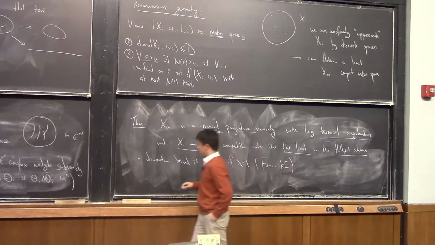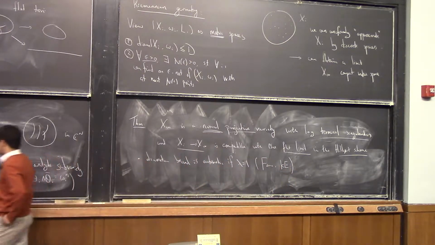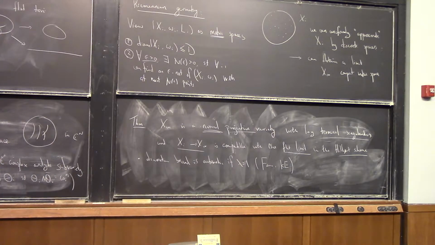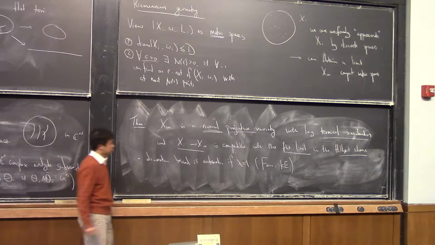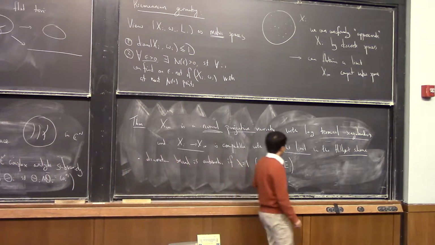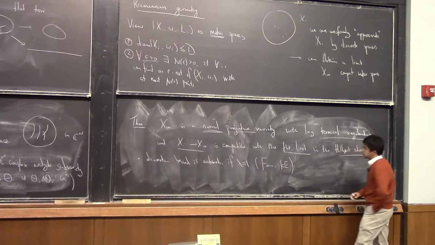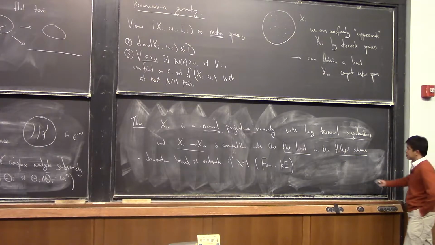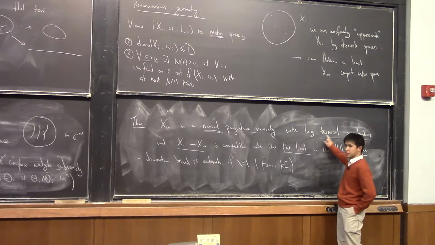But then, in the Calabi-Yau case, the diameter bound is related to what singularities you get in the limit. So Tosatti proved that under some mild conditions, the limit has log terminal singularities.